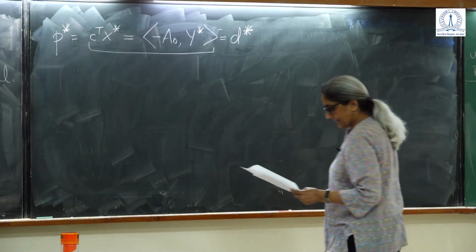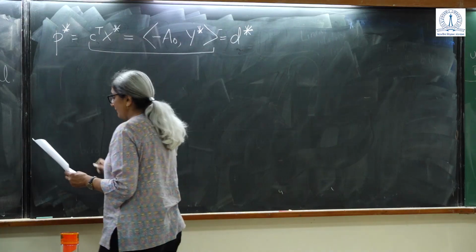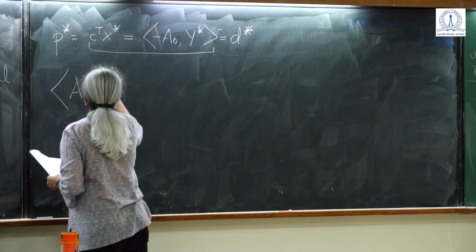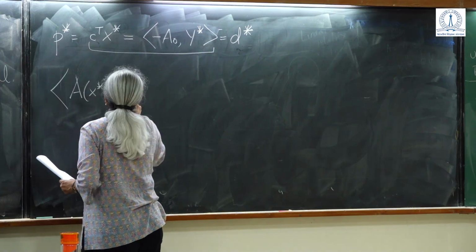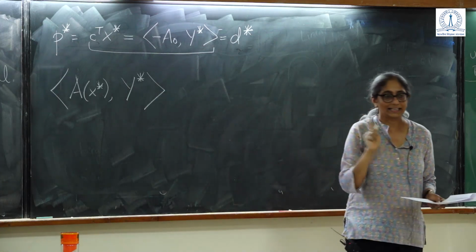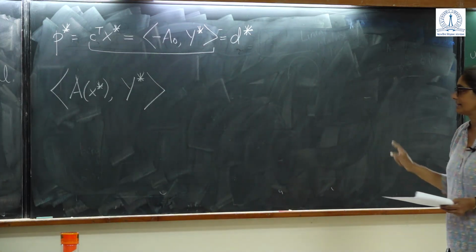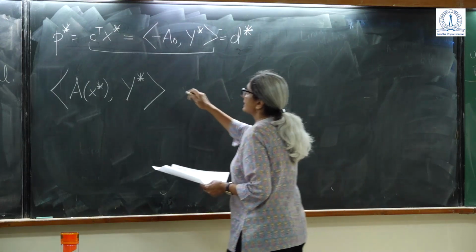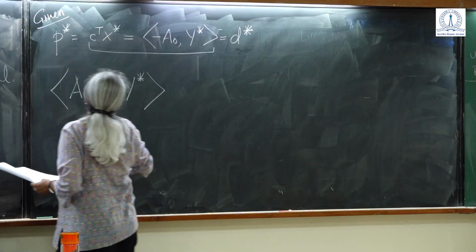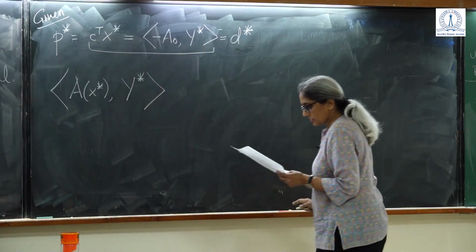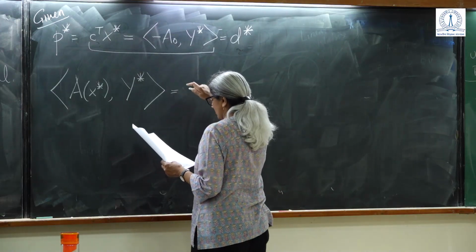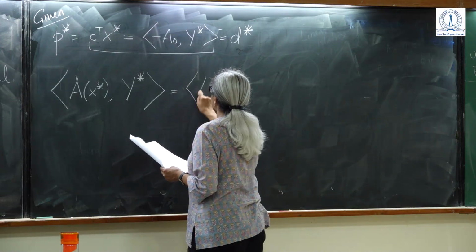So then what happens if I take the inner product of A(X star) with Y star? Let's check the inner product, not the product, but the inner product. We're given that P star is D star, so I have this equality, so now I'm going to check the inner product.